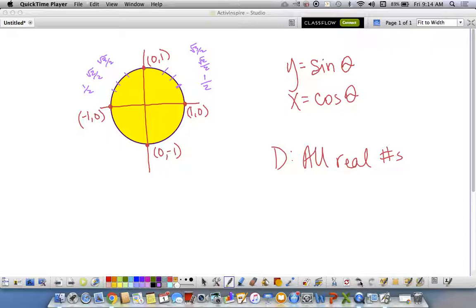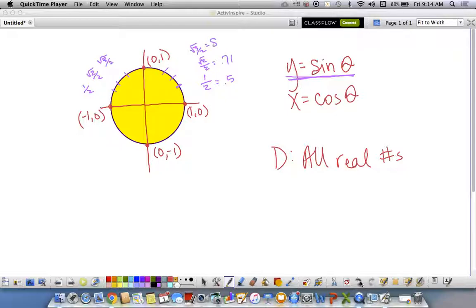The Y's, so we're just talking about the Y's right now. So for the Y's, for sine, does everybody know what a half is? Yes, 0.5. What is the square root of 2/2 as a decimal? What about the square root of 3/2? 0.87.